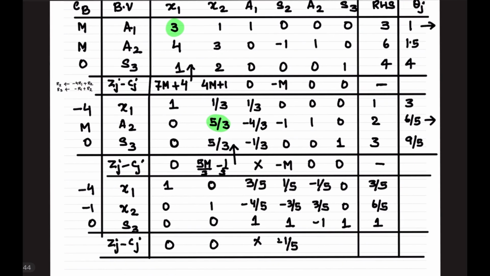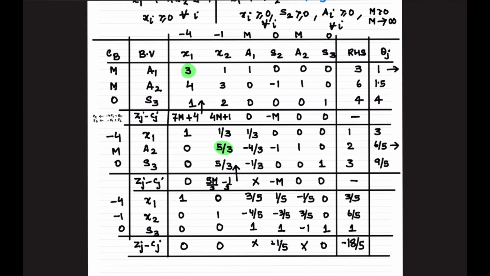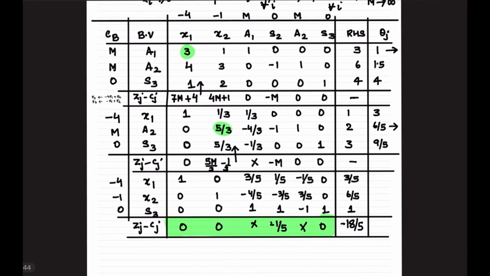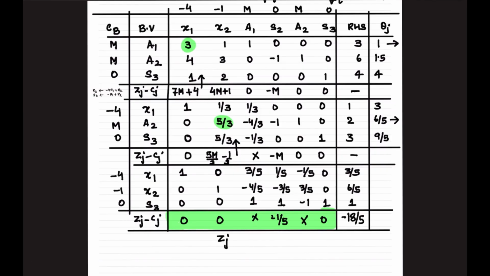And this value is for an artificial, so we leave it. S3 is 0. Now you can calculate the z value because there is no artificial variable. So -12 minus 6 is -18/5. So now what we can see is this entire Zj minus Cj row is non-positive. So for a minimization case, Zj minus Cj being non-positive implies optima reached.